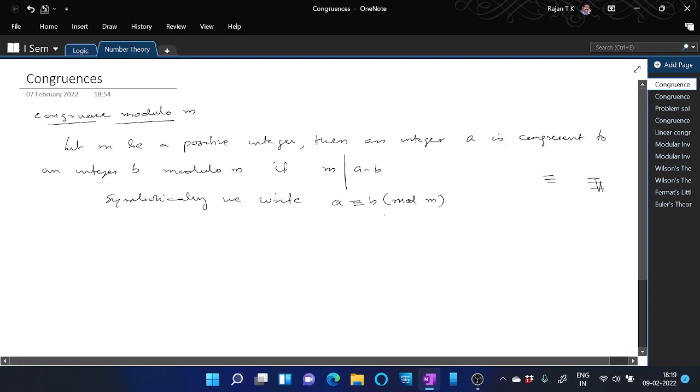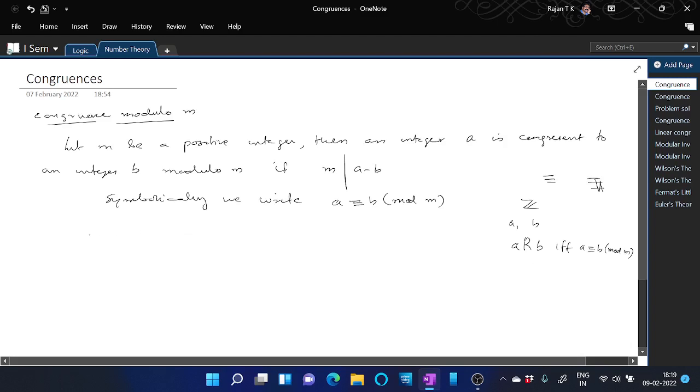Actually, this congruent to is a relation defined on the set of integers. We say a is related to b if and only if a is congruent to b mod m. Such a relation we can define, and this relation will satisfy some certain properties that we will discuss later.